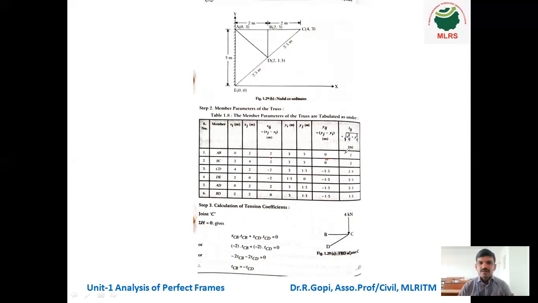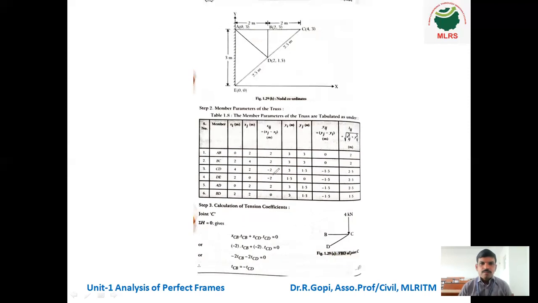This is the length of member AB. You can cross verify: you can see here 2 meter. Next, the BC member: root of 2 square plus 0 square, so 2.